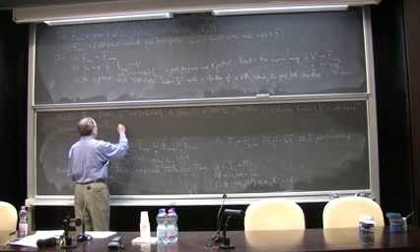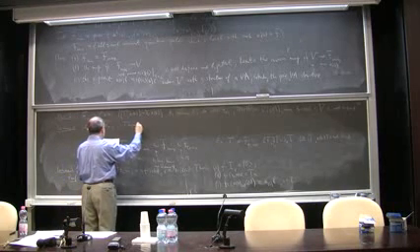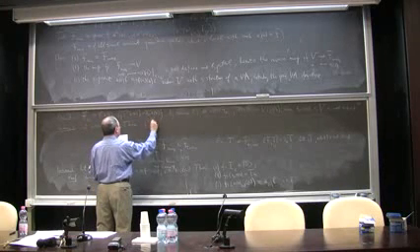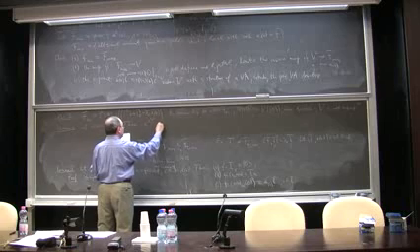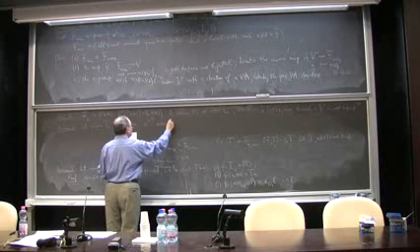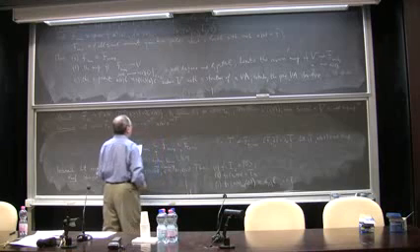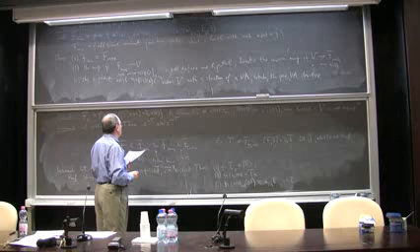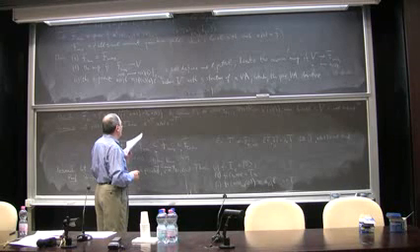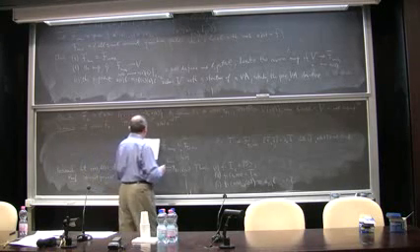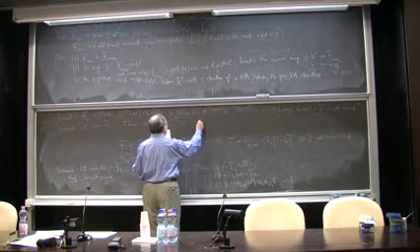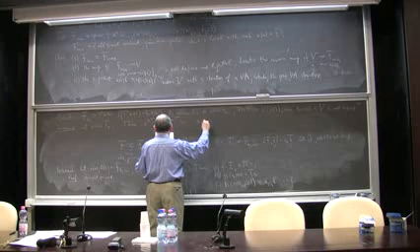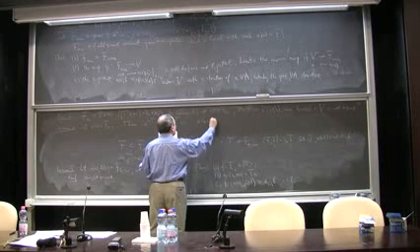Then we have the following property: if you conjugate A(Z) by e to the W T, you get a formal distribution in two variables, Z and W. Then it is equal to the formal distribution A(Z plus W).